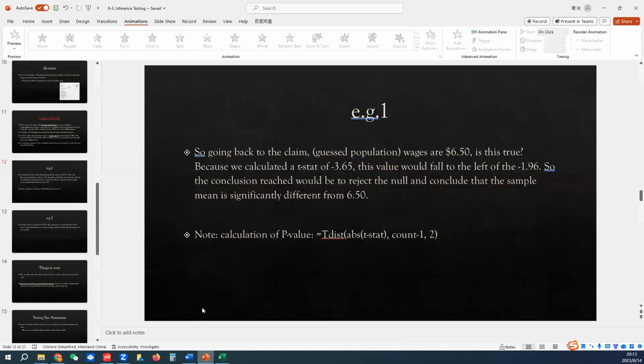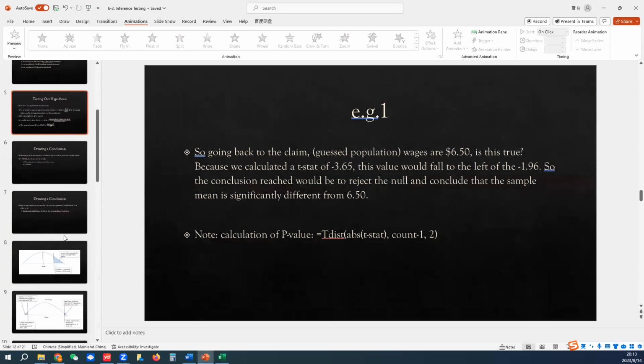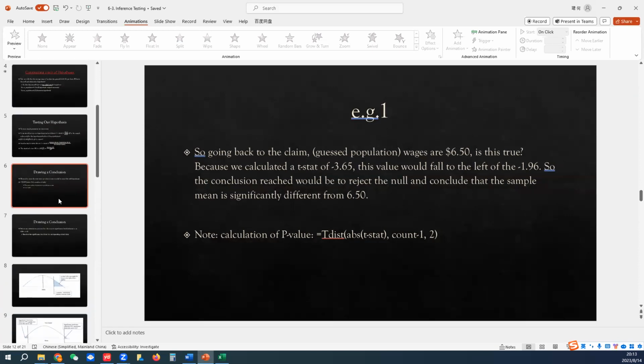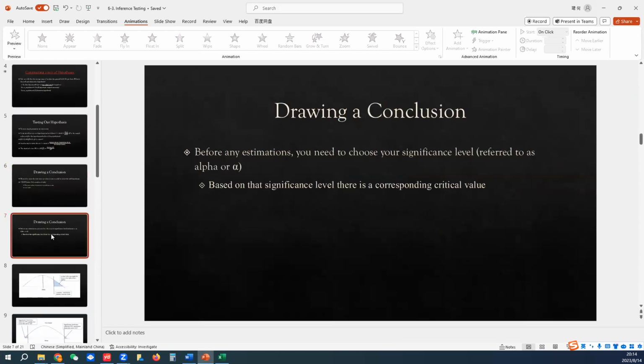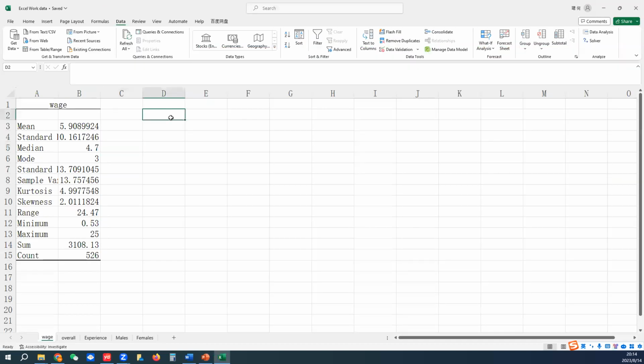Then we are going to apply this series of calculations here. We need to work out the t-stat. But before doing that, we need to clarify. So let's put here, H naught is wage equal to 6.5.